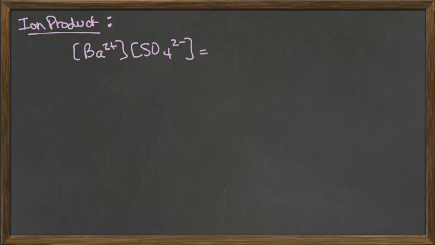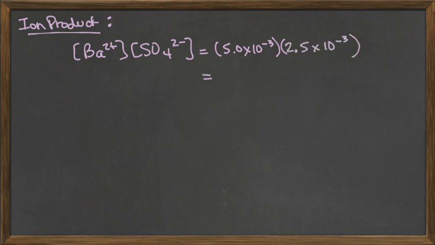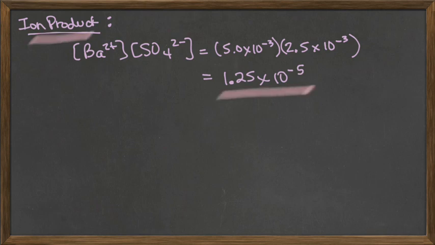So plugging in my information there, 5 times 10 to the negative 3 for barium. Sulfate's concentration was 2.5 times 10 to the negative 3. And when we calculate that, we get 1.25 times 10 to the negative 5th. So this is the ion product.